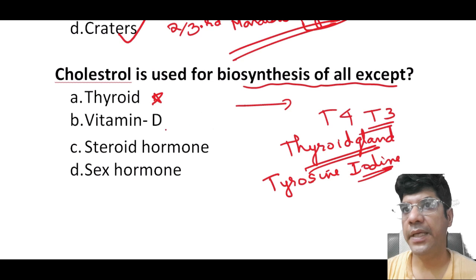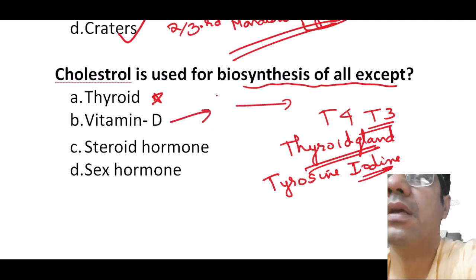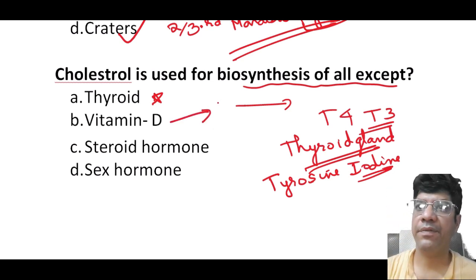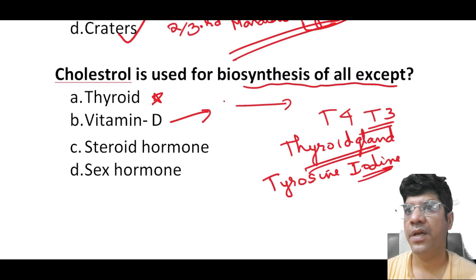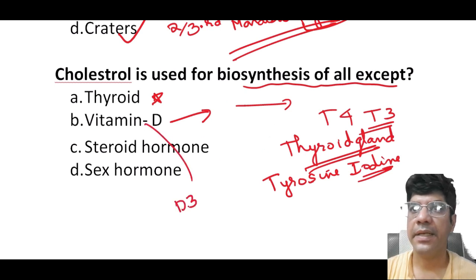The vitamin D, it is derived from the cholesterol. The cholesterol, we know it serves as a precursor molecule for synthesis of the vitamin D, specifically D3, that is cholecalciferol.